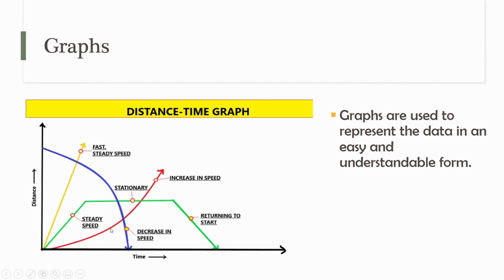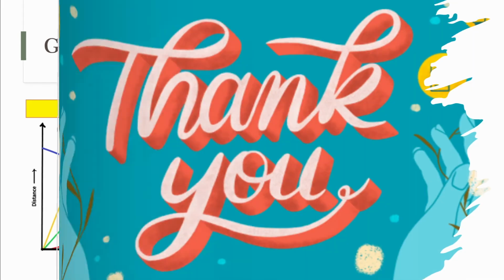The graph looks like this for decrease in speed, and the graph looks like this when the object is at fast or steady speed. When the object is increasing its speed, its graph looks like the red one, and the green shows the stationary, and returning to start motion of the object.